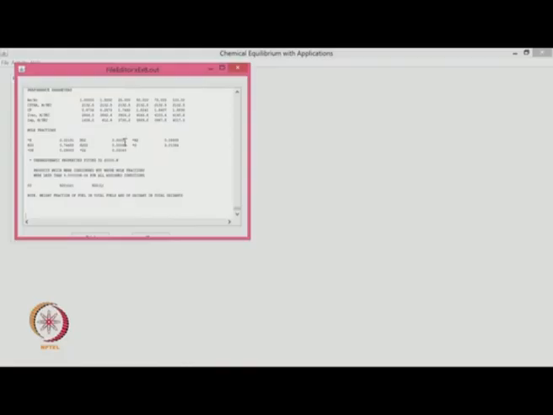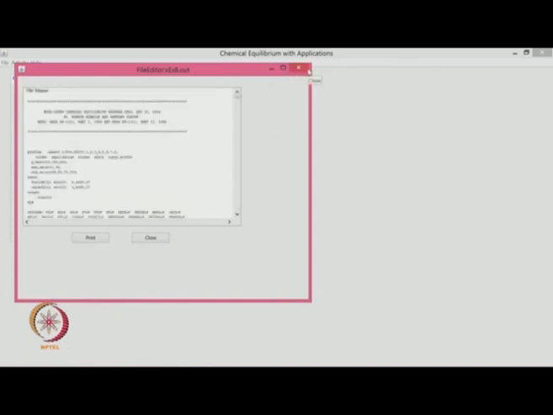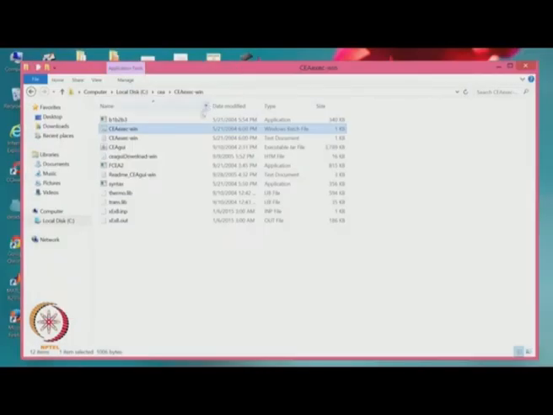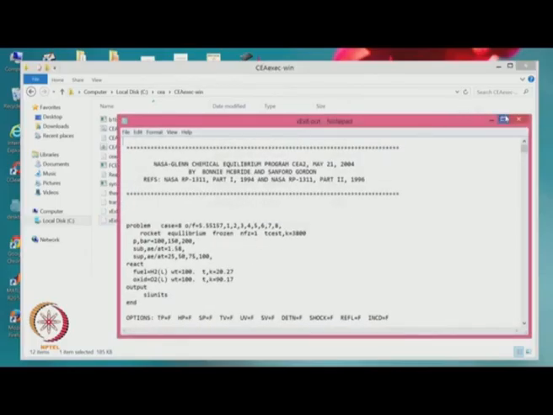If you do that, it will execute the program and give you an output file in this fashion. You can also open this output file as a Word file, or as a notepad or wordpad.